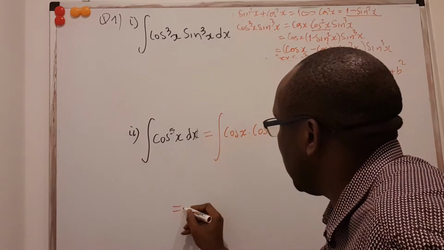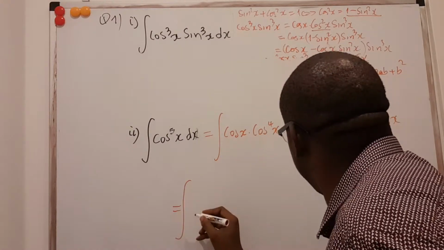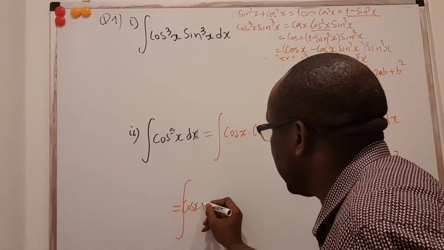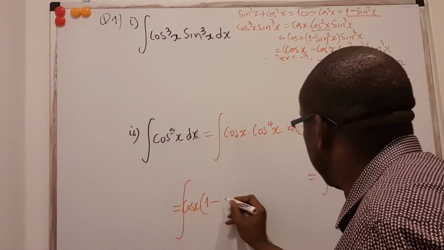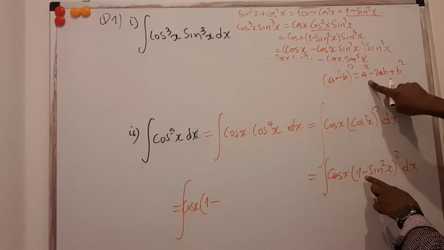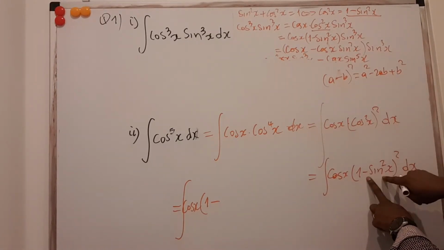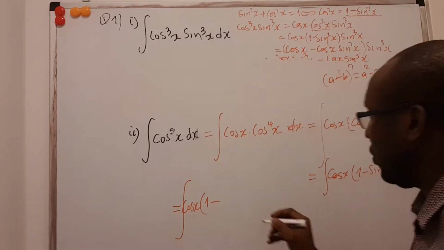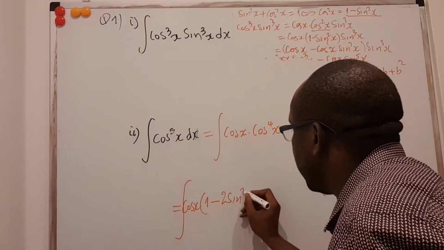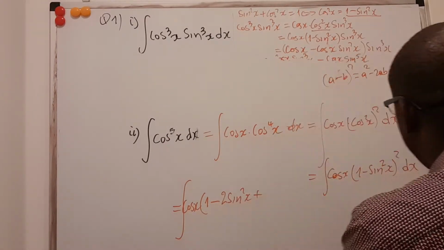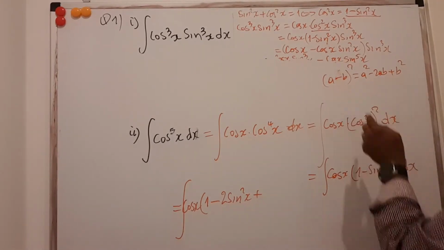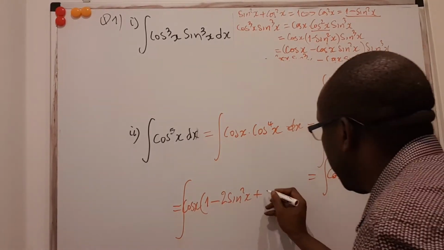So this is actually equal to the integral of cosine x into brackets 1, that is 1 squared, minus 2 times 1 times sine squared, so minus 2 sine squared x, plus this term squared, so b squared becomes sine to the fourth power.